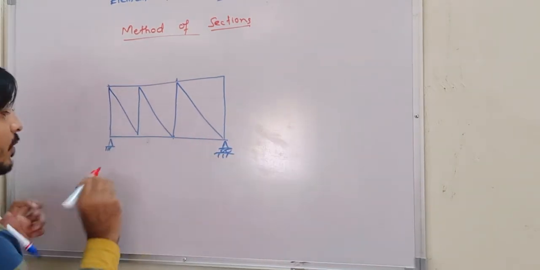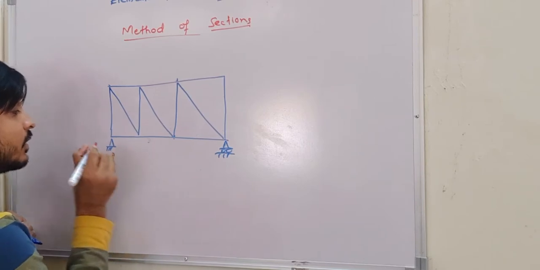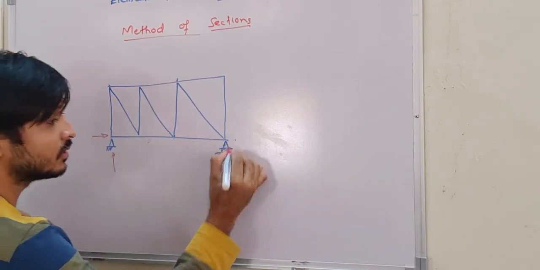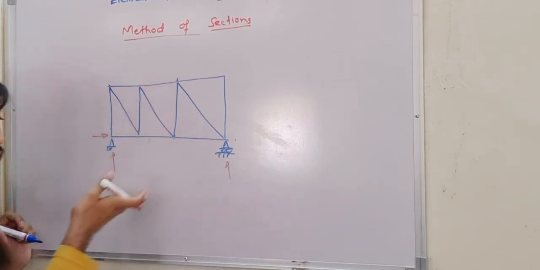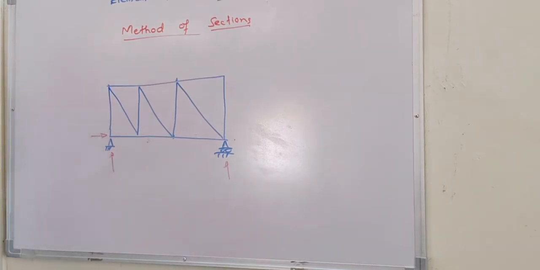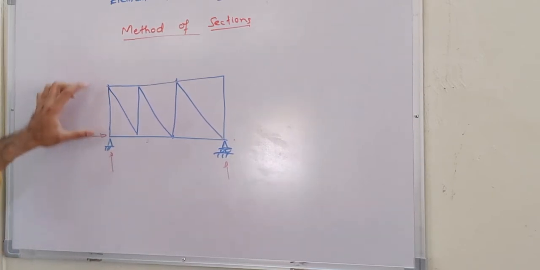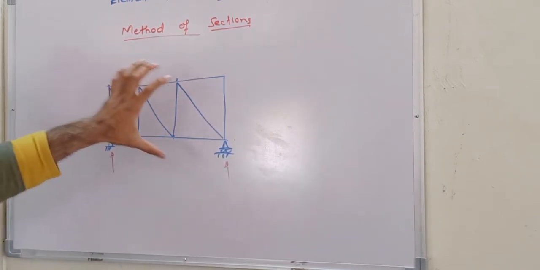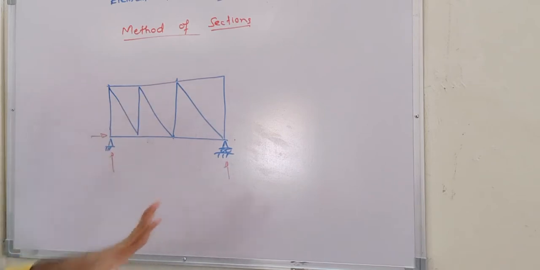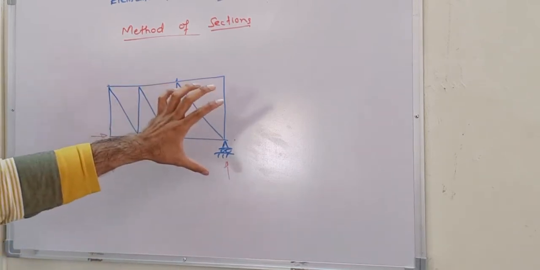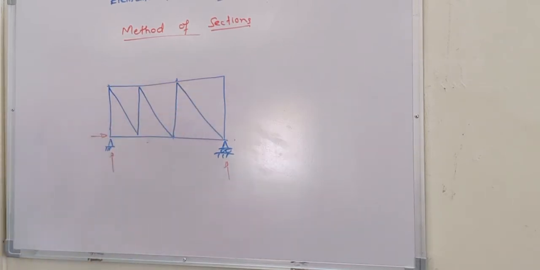If I want to find the support reactions, without moment we cannot find the support reaction itself, right? So what are the three equilibrium equations we use to calculate the support reaction? We consider the whole truss as a beam, and then we try to solve it, right? Similarly, this is one member. Any doubt?